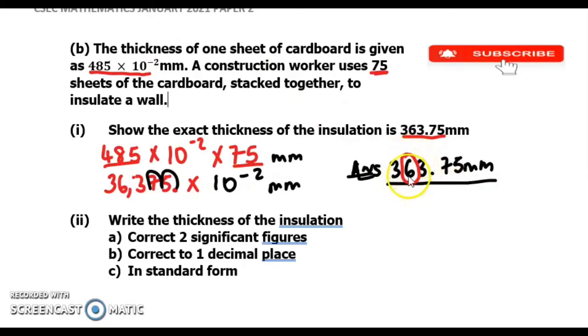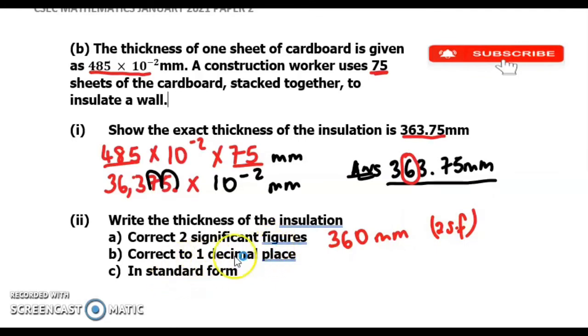So we look to the right to see if there's any number that is 5 or more. There's no number that is 5 or more. So we're going to have 3, 6, and we're going to put 0 for a place holder. So we have 360 millimeters, and that is 2 significant figures.